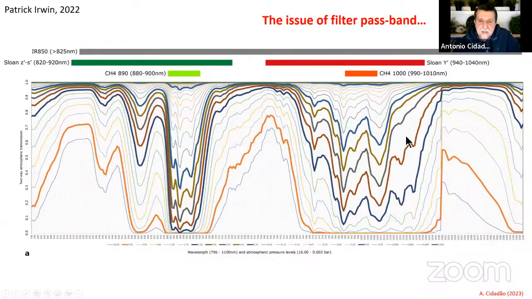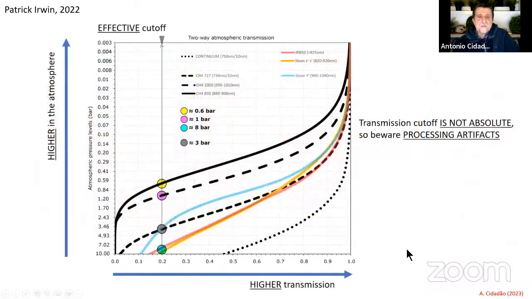So to characterize each filter that we use, we need to average the passband of each filter, and from that data, obtained from various levels of the atmosphere, we have to produce this type of graph where the behavior of the filters is referenced to the transmission that occurs with the filter, and where it occurs in the atmosphere.